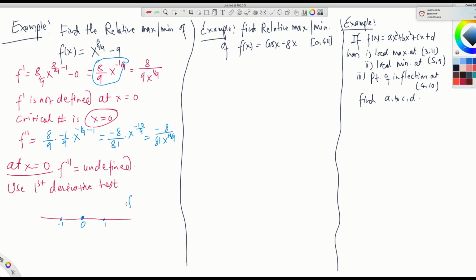First, let me write down first derivative. So if you do that, what do you get? So first derivative is 8 over 9 times x to the 1/9, right? If you plug in positive 1 and negative 1, what do you get?